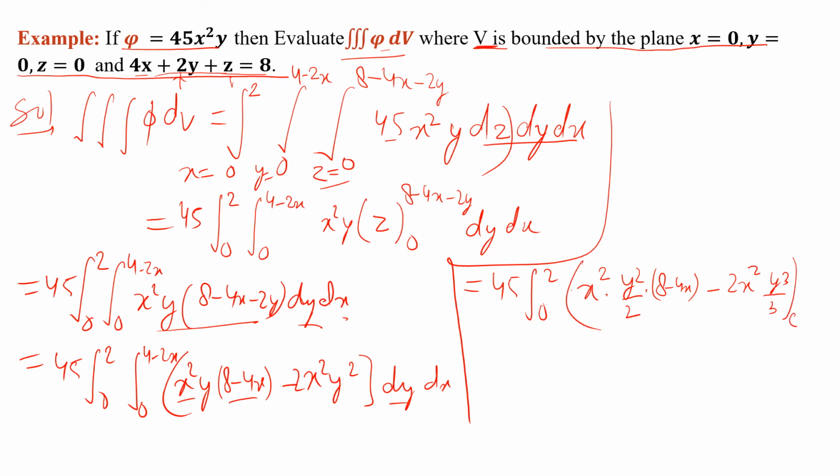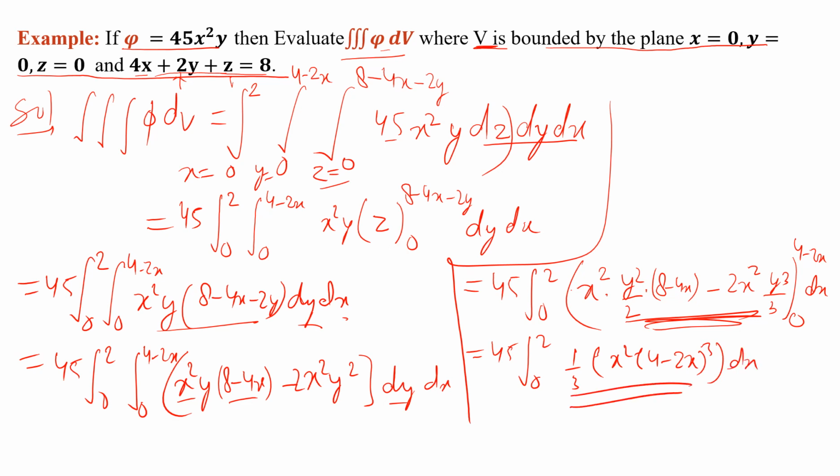So if you apply the limit 0 to 4 minus 2x dx, when you simplify that term, we get simply 0 to 2, and we get (1/3)x²(4 minus 2x)³ dx. And when you take the integration with respect to x and apply the limit 0 to 2, we get 0.28. That's the result, that's the value of that integral. So here what we do is evaluate that integral in the region which is bounded by that surface.